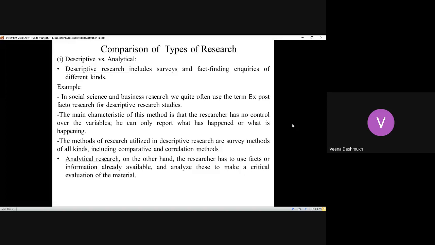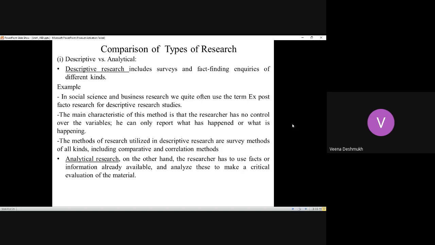In the descriptive, primary data is collected and it may be compared with the previous data, and then the analysis is carried out. But in the analytical research, the primary data is not collected. You only take the secondary data, which is already available, and analyze it for the current situation.